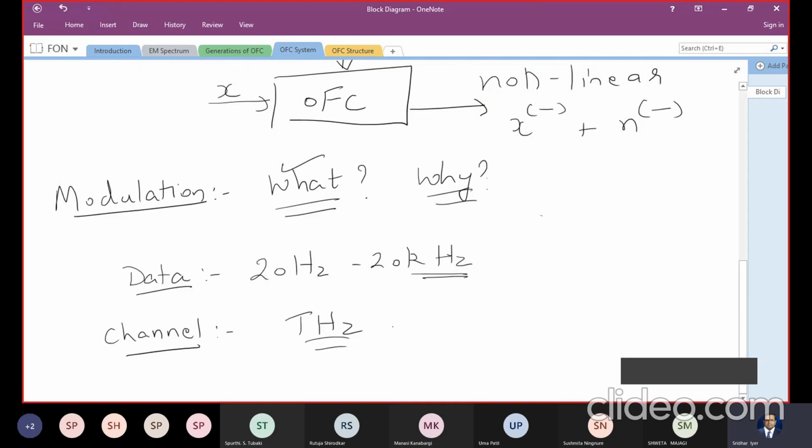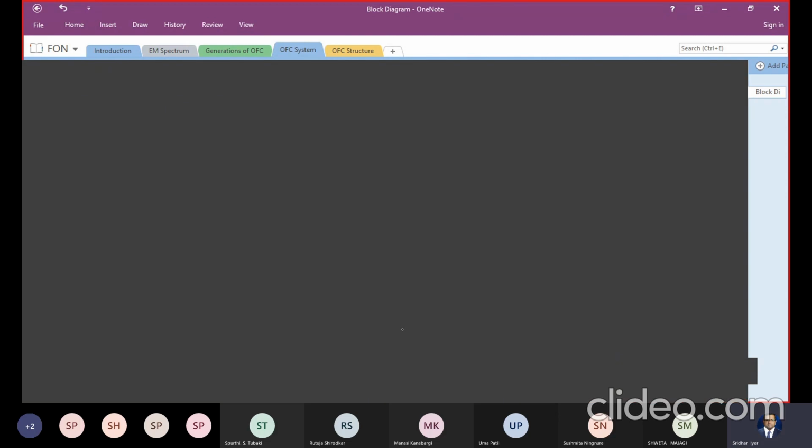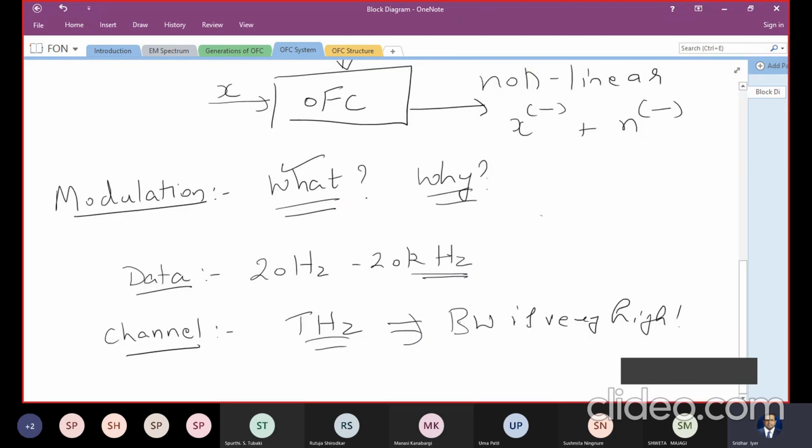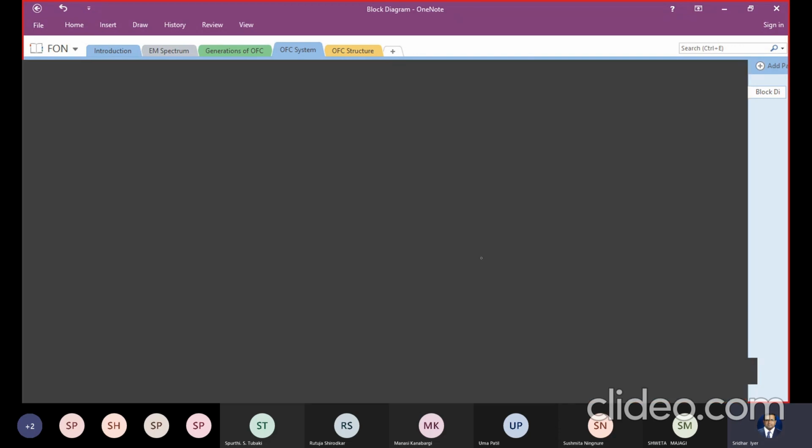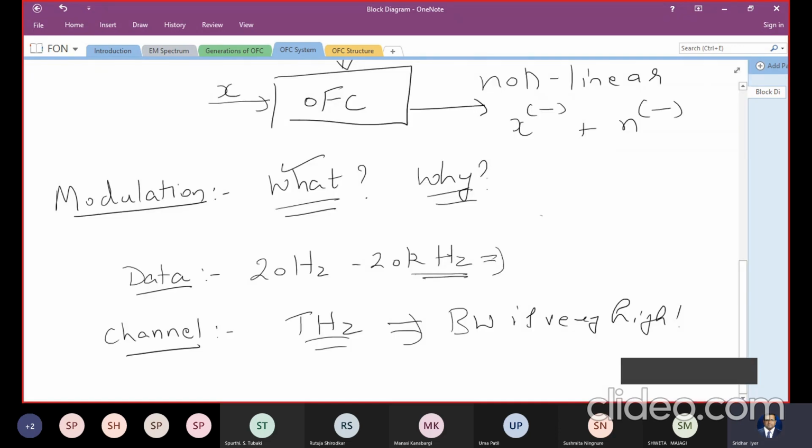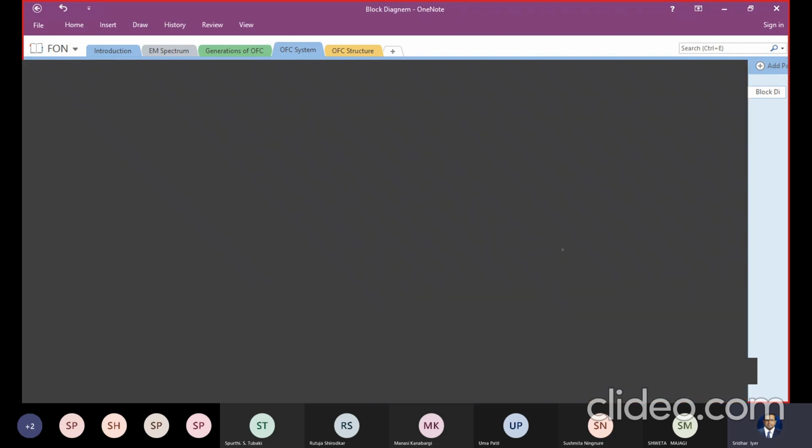Now, why do you wish to operate with a channel at a high frequency? Terahertz will give you more bandwidth. That's why you wish to operate with a channel at very high frequency. However, if you use just the data signal, the highest bandwidth that you will get is f2 minus f1, which in this case is 20 kilohertz minus 20 hertz, which is about 20 kilohertz.